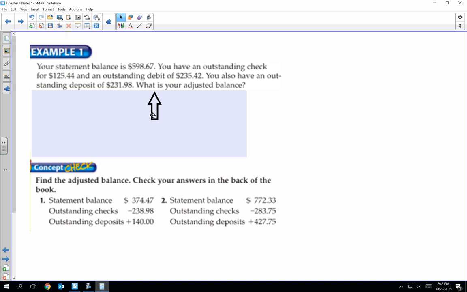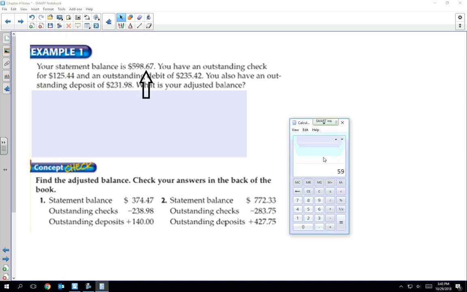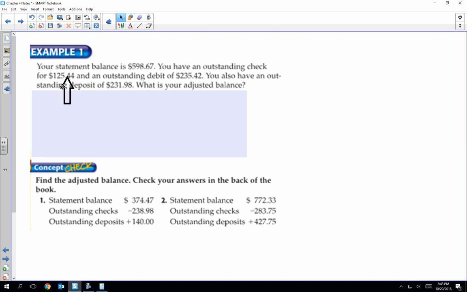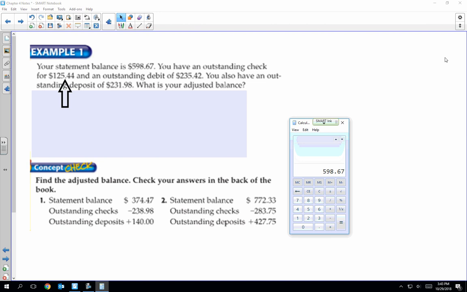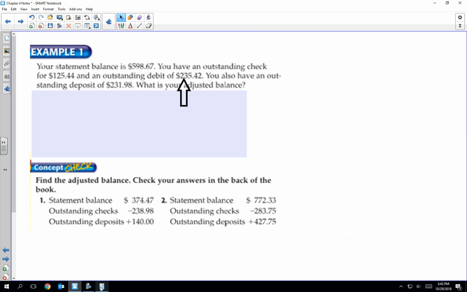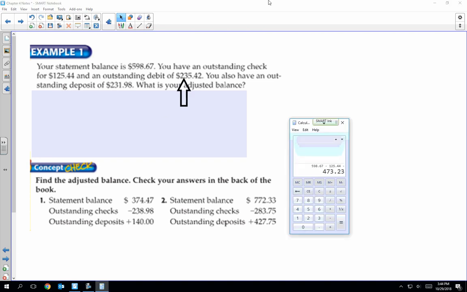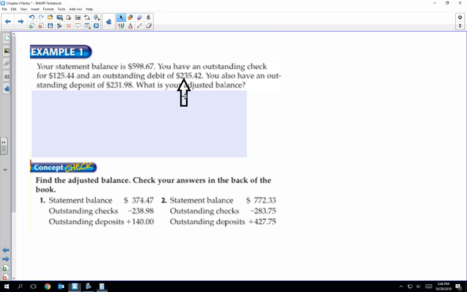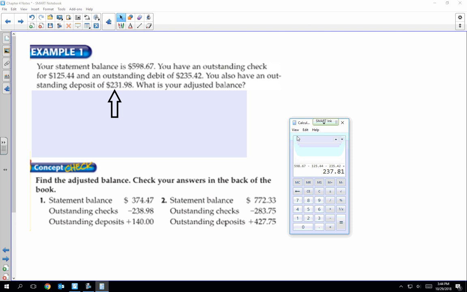We start out putting our statement balance in our calculator, so that's $598.67. Then I'm going to subtract out the outstanding check, minus $125.44, minus the outstanding debit, $235.42, and then plus the outstanding deposit, $231.98.